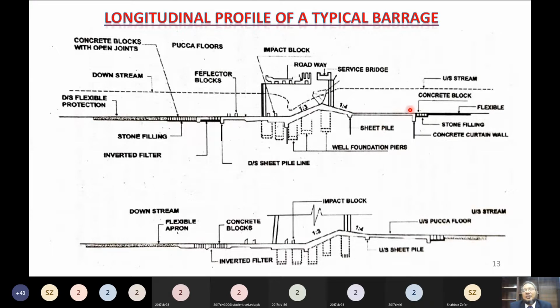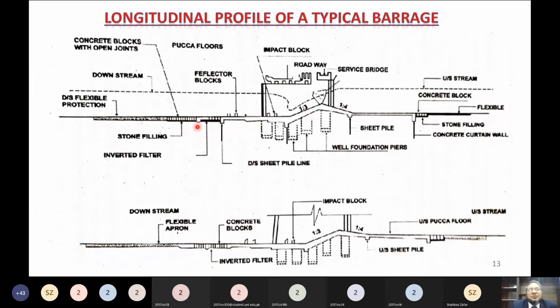So that head causes the seepage flow, or the flow of water under the barrage structure like this. When it exits from this portion, because this is concrete floor, on the downstream of the concrete floor inverted filters are provided.